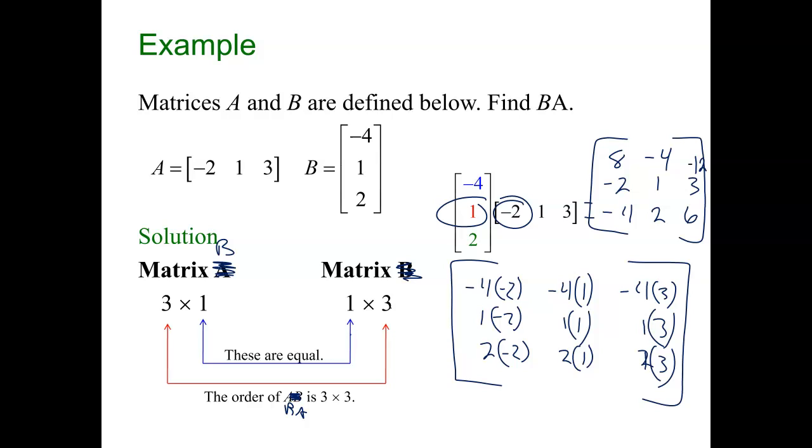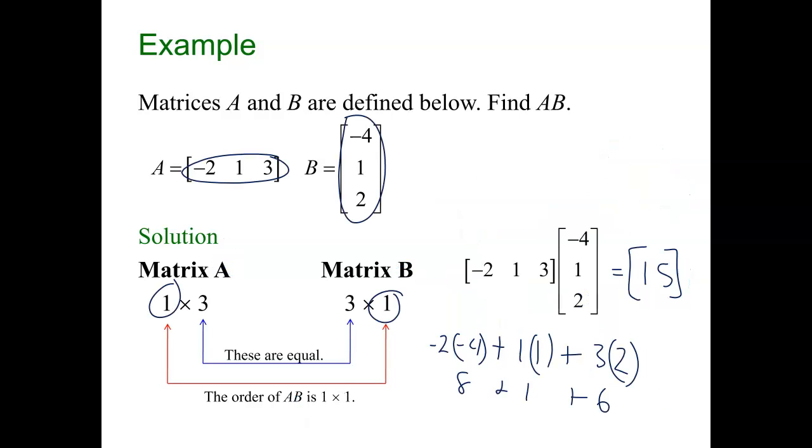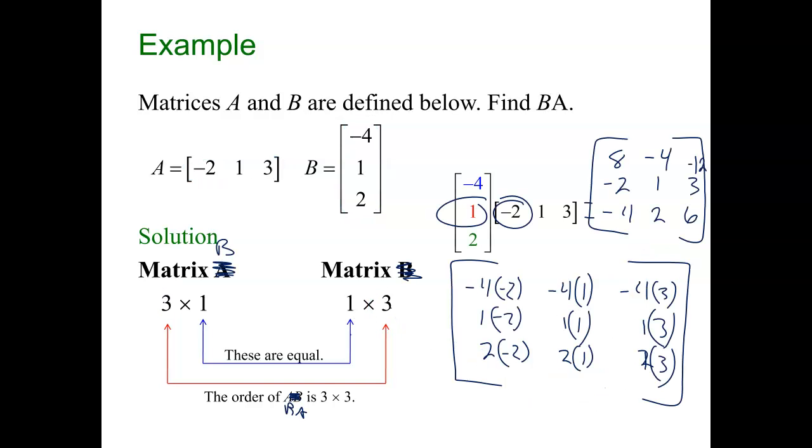Here, I had 1 element in each row and 1 element in each column. So that's why the orders are different. 1 row with 3 elements, 1 column with 3 elements, versus 3 rows with 1 element, 3 columns with 1 element. And that's what's changing the order.